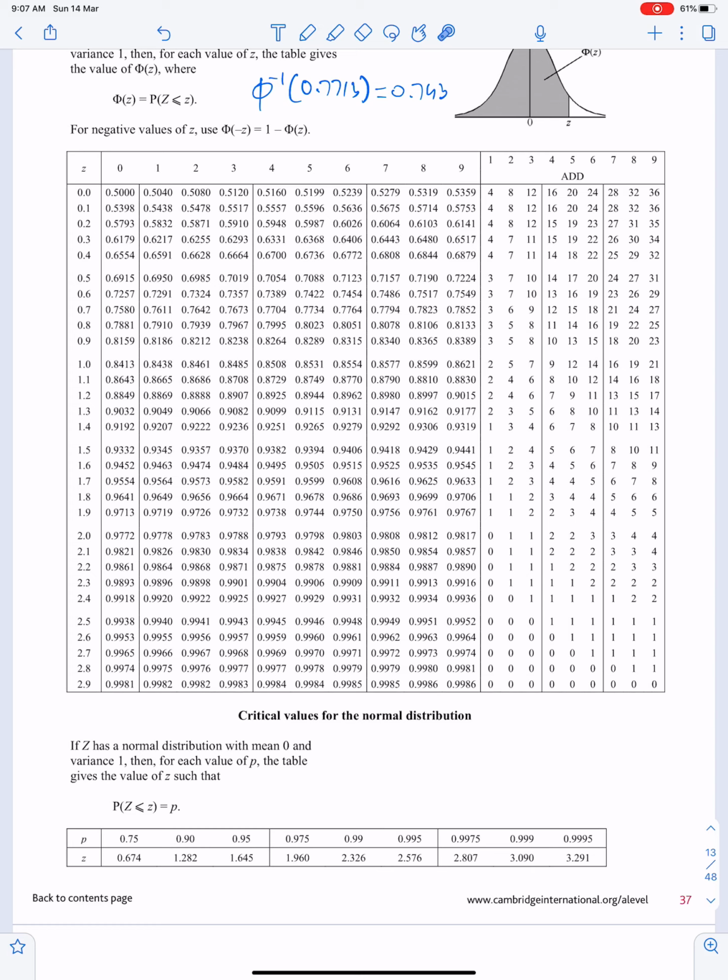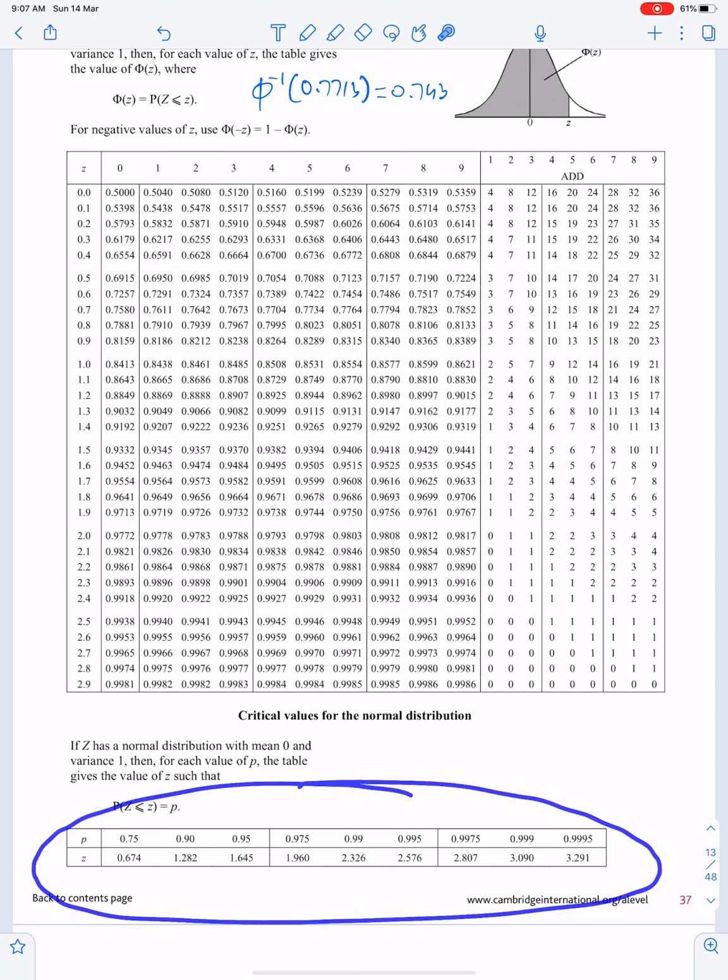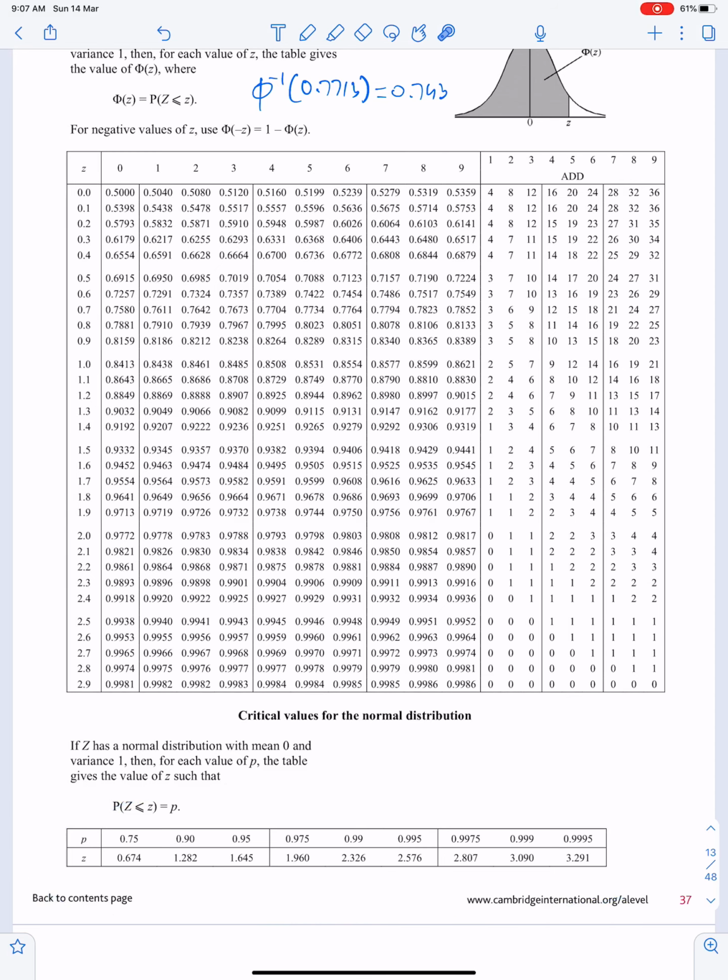Well, this section of the table is for critical values, the commonly used values. For example, if you are looking for phi inverse of 0.75, then the answer is 0.674.